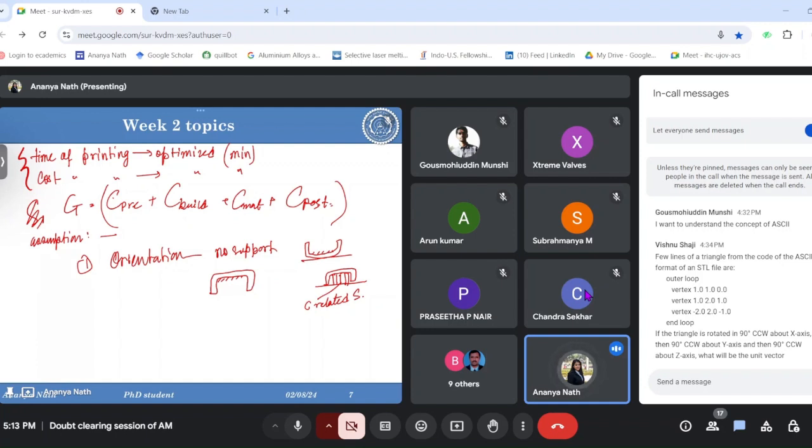But if I ask you one question: what is the need of support? We are talking about support structure in the whole week 2 lectures, but do we really know the exact need of support structure? And do we have any technique using which we can avoid building the support structure?